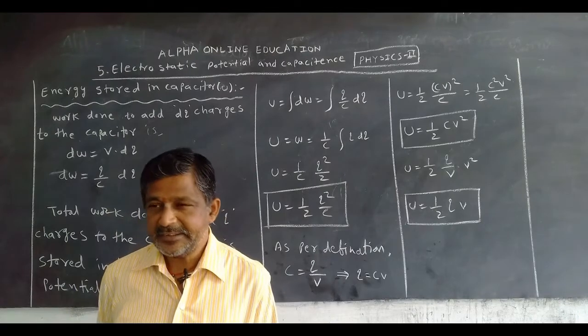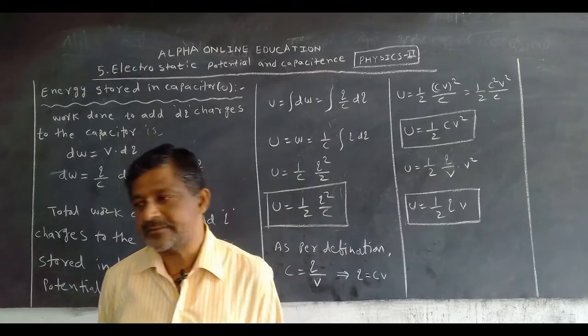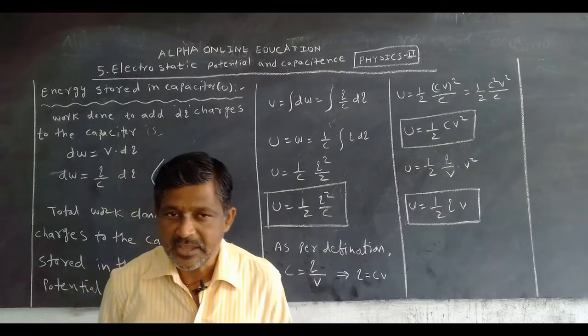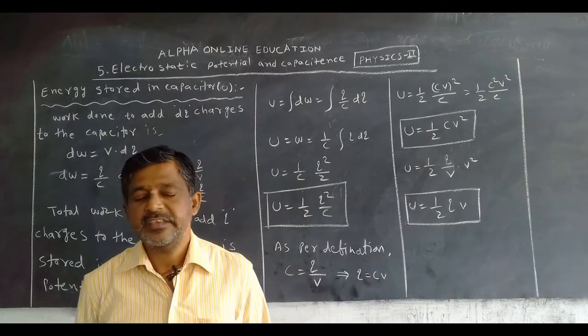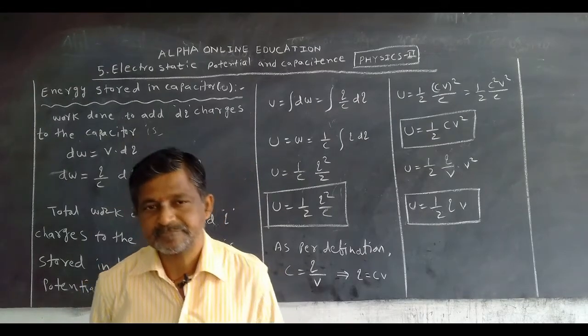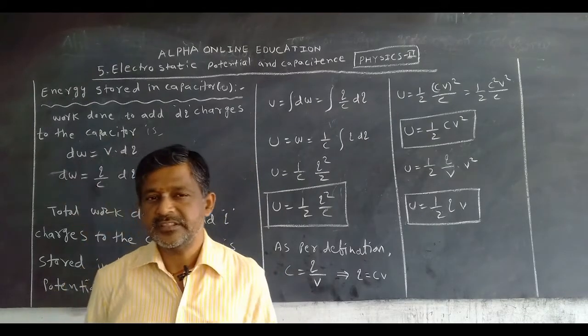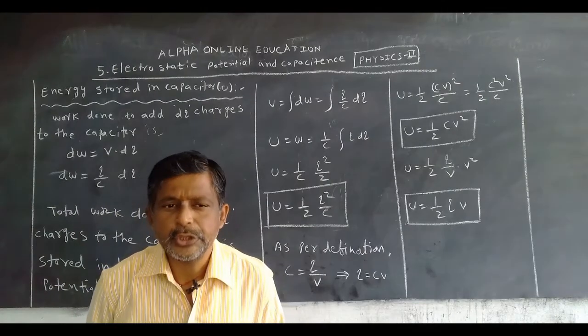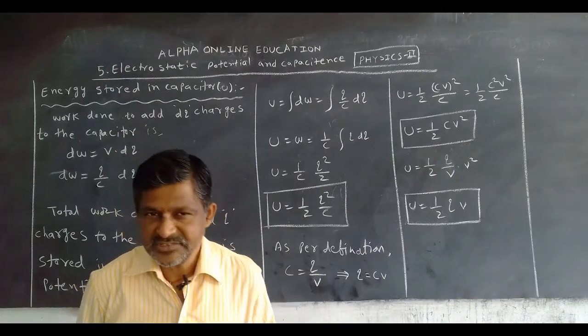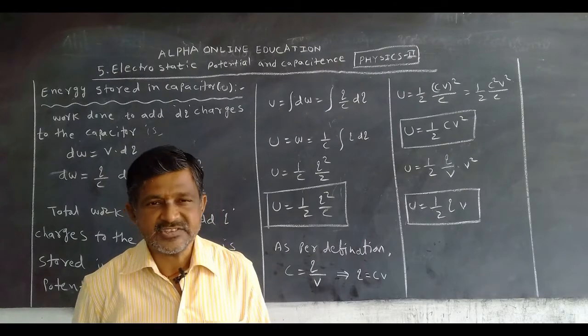The second form is in terms of C, V: C means capacity, V is potential. And the third form is in terms of Q, V: Q is charge, V is potential.